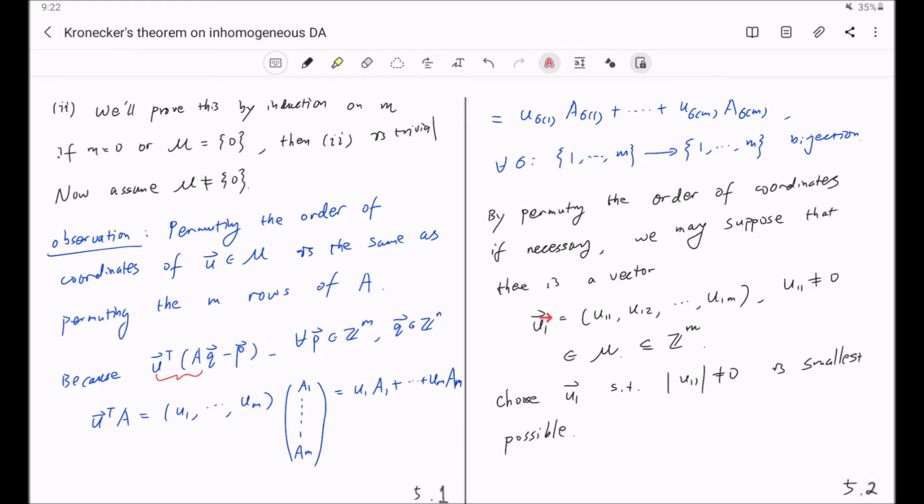We chose a vector u sub 1 whose first component is non-zero and at the same time has the smallest possible non-zero absolute value. We are able to do this because this is integer valued.